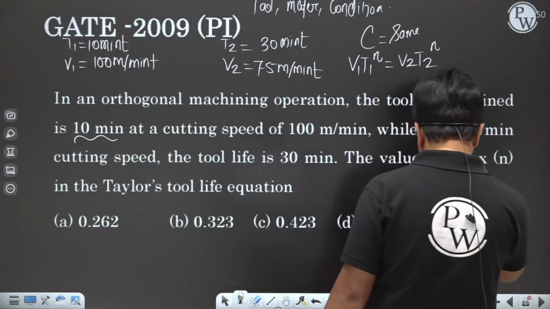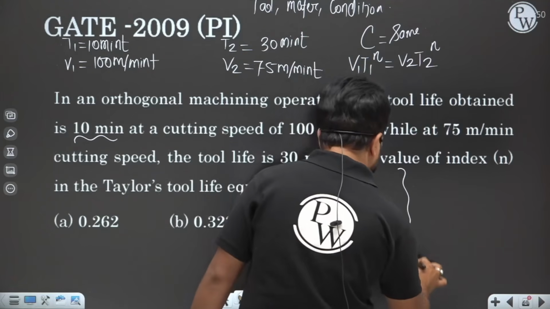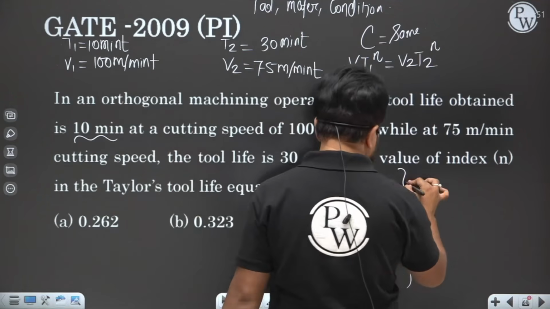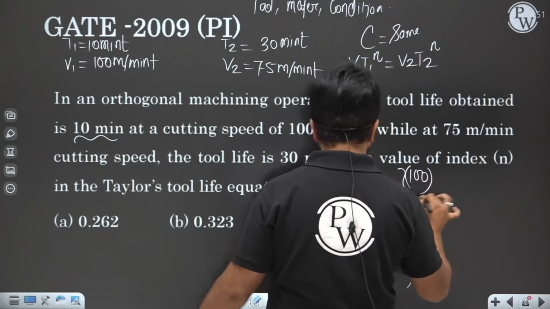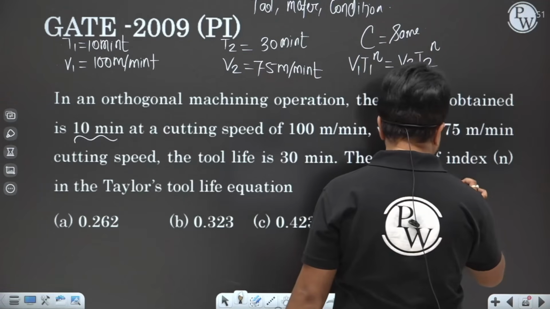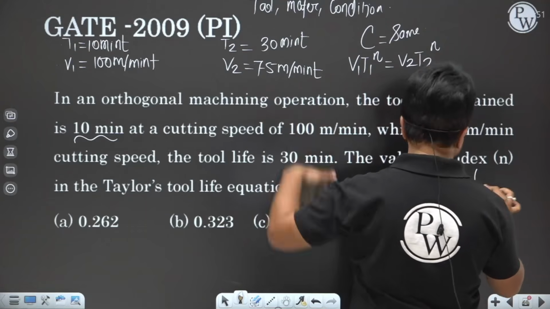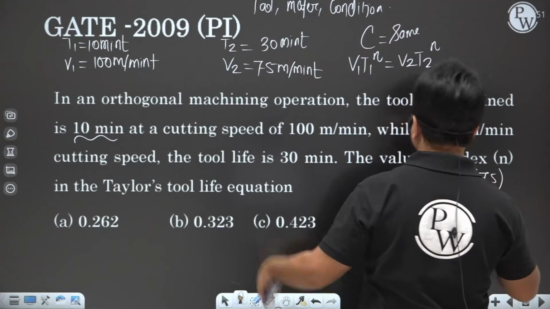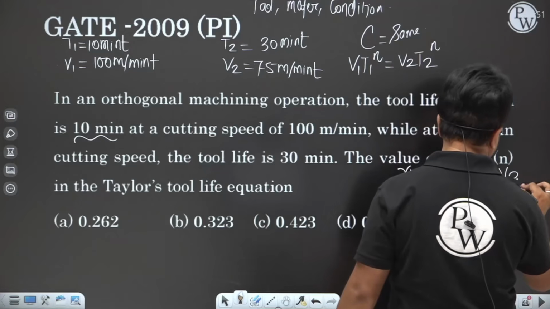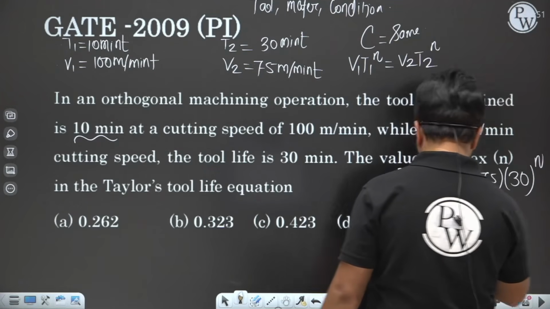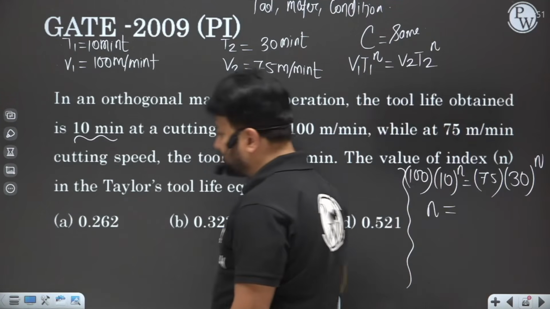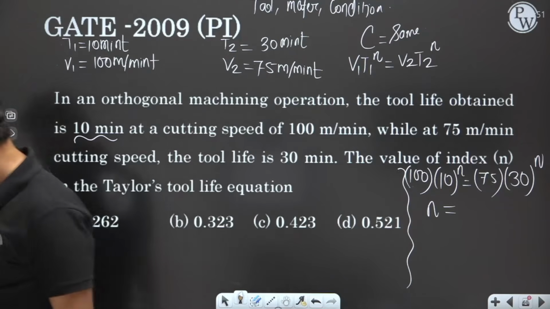Now solve here. V1 is 100 into T1, that is 10 to the power n, and V2 is 75 into T2, that is 30 to the power n. Now solve this equation for the value of n.